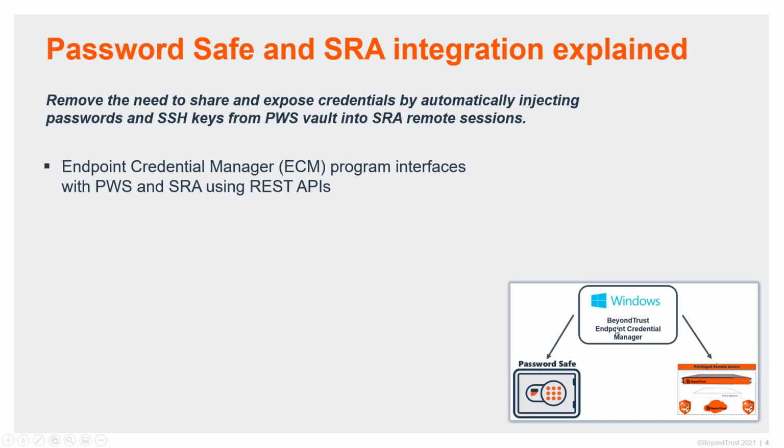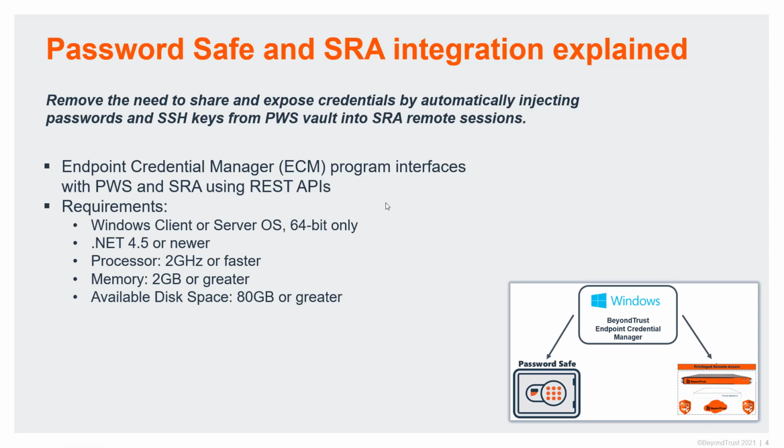The ECM actually interfaces between both products, PasswordSafe and SRA, using the REST API interfaces on both sides. The ECM can be installed externally, and it just requires a Windows system, doesn't have to be a server, it can be a client, 64-bit, and you see some of the requirements below.